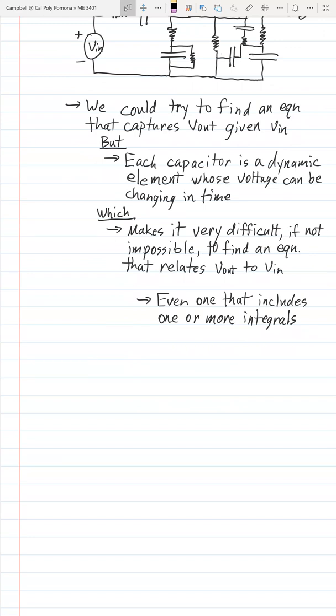So even though we might be able to solve this, and again, I'm kind of looking at the day when you might be out in industry, I think your boss would be a little less than happy if you spent a whole week trying to figure out the closed form solution for this particular circuit.